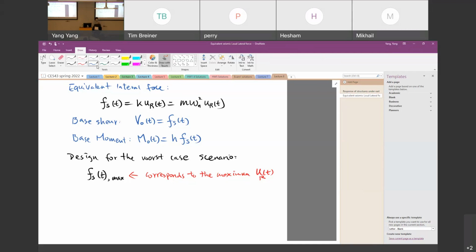Does that make sense? The response of the structure under earthquakes is a function of the K value. So that means that given an earthquake, firstly, we need to know what size we should start from. That's why the engineers developed the response spectrum.